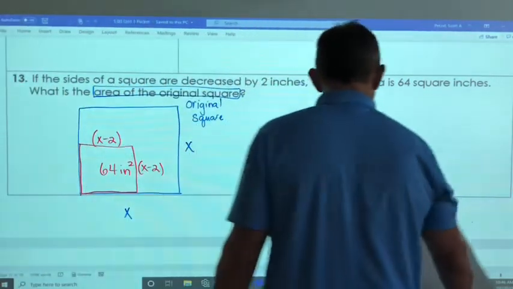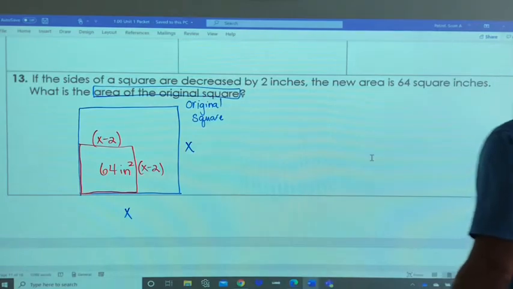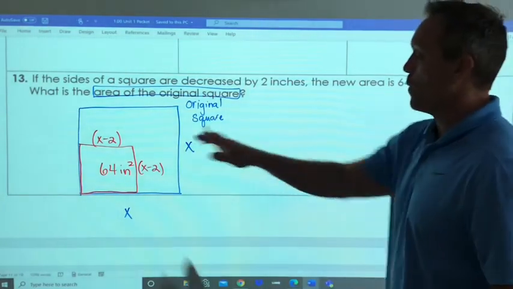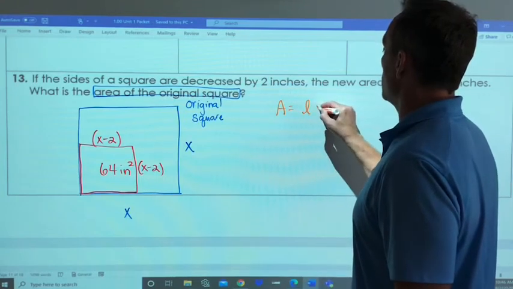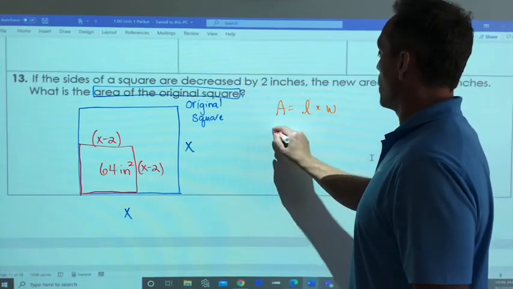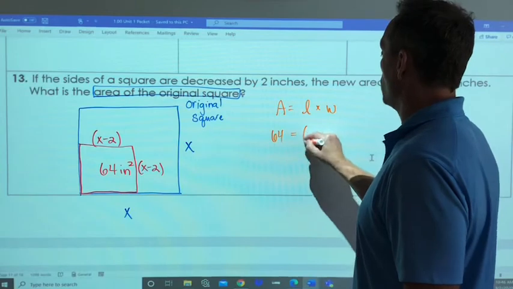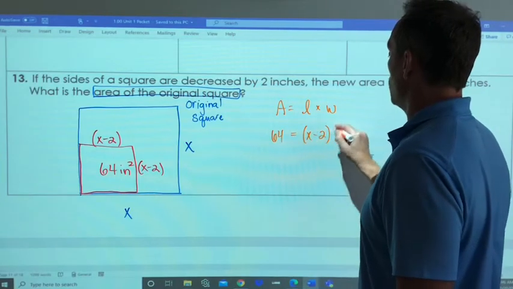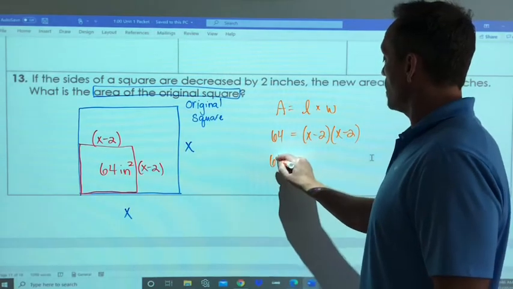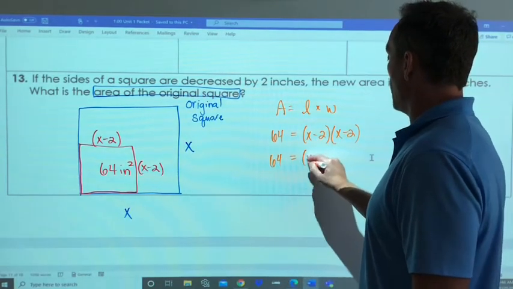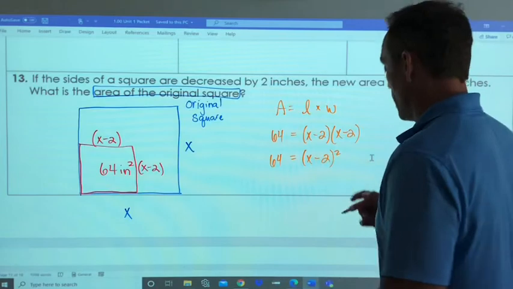So I need to determine what x is. I don't know what x is, but I can use what I know in red, which is area equals length times width. So I have 64 equals x minus 2 times x minus 2, which is 64 equals x minus 2 squared.